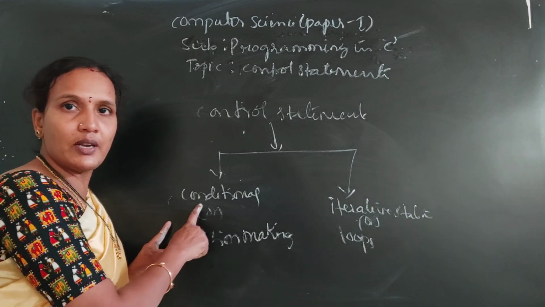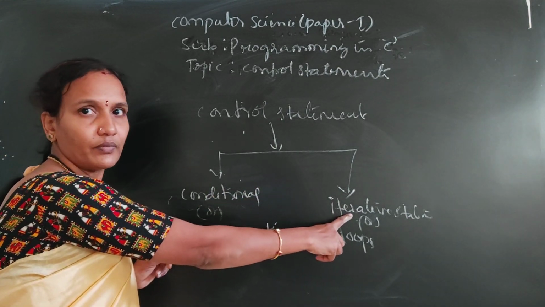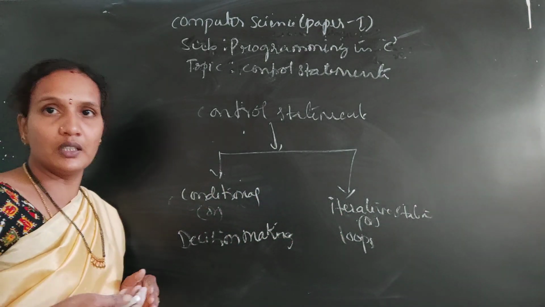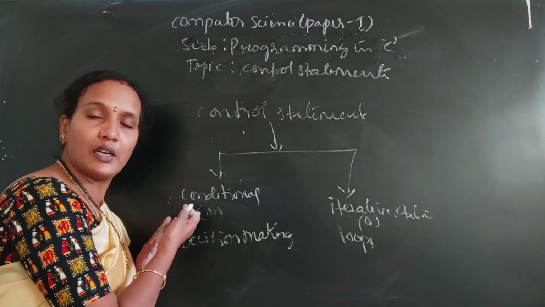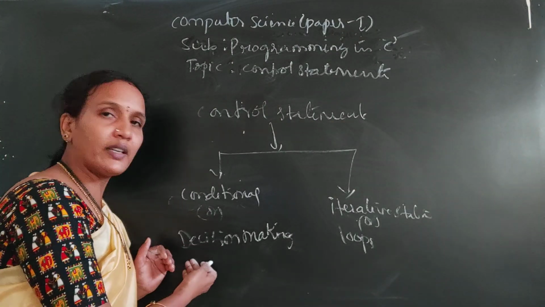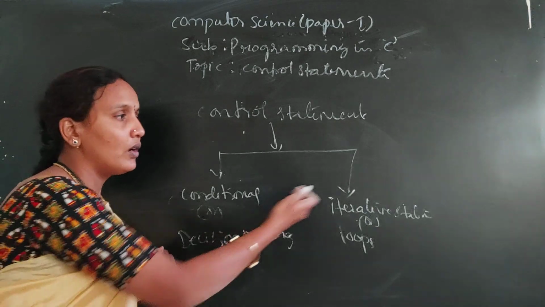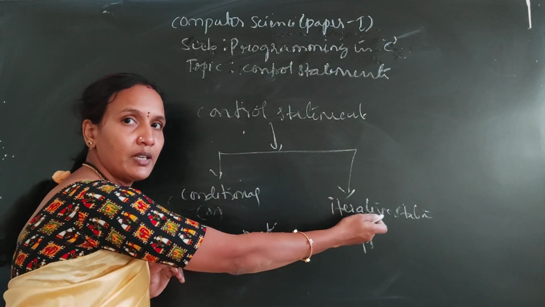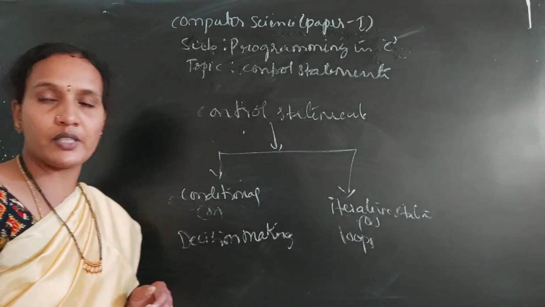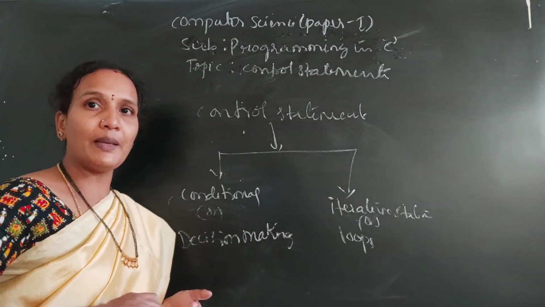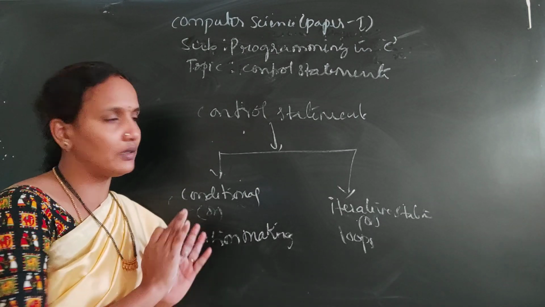One is conditional and the second one is iterative. Okay, they may change the question, like instead of conditional statement they may ask what are the decision making statements, or instead of iterative statement they may ask repetitive statements, loops. Okay, they may change the question, but the thing is the same.